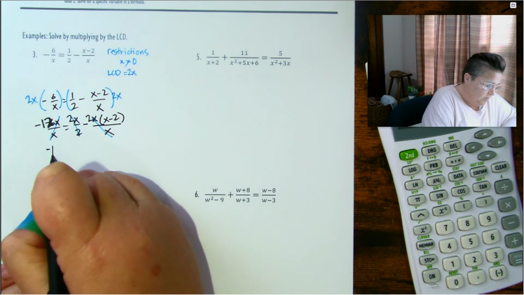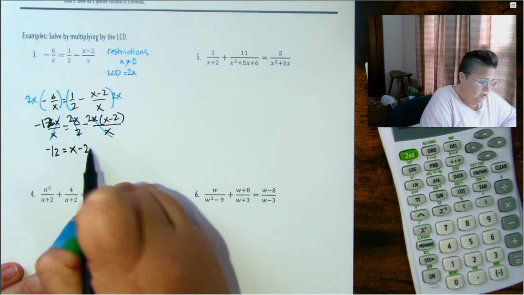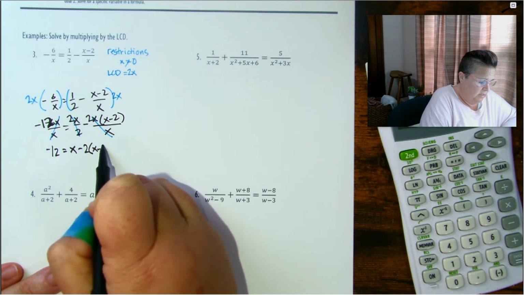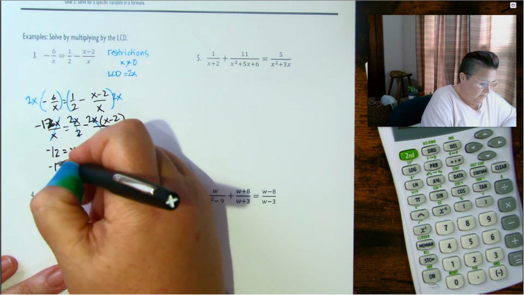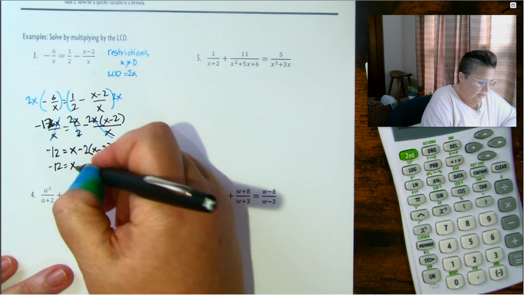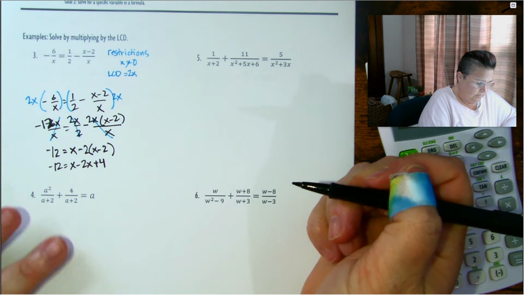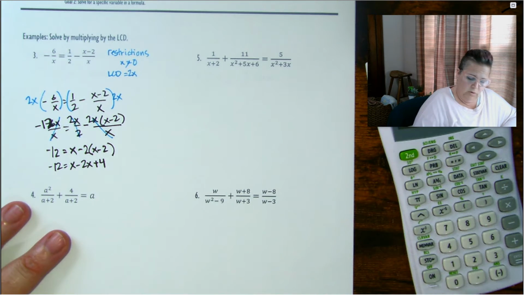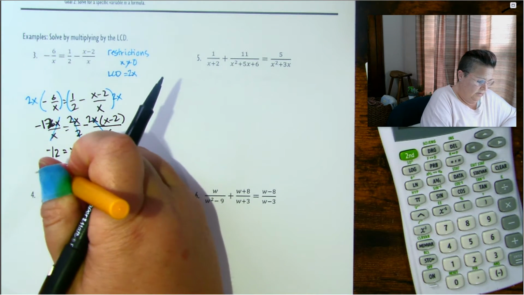All right, so that's going to leave me with negative 12 is equal to x minus 2 times x minus 2. And now I just want to simplify this. So I got negative 12 is x minus 2x plus 4. I'm going to subtract 4 from both sides.